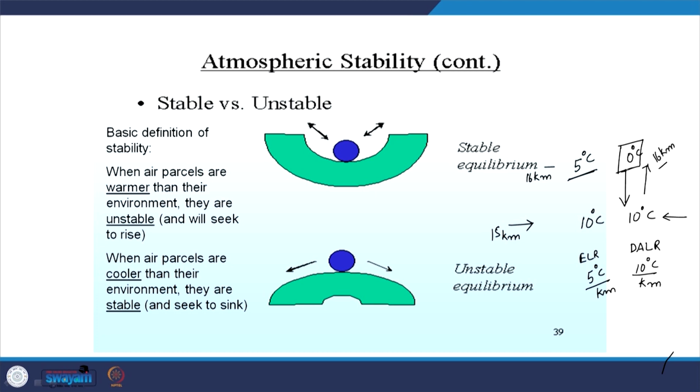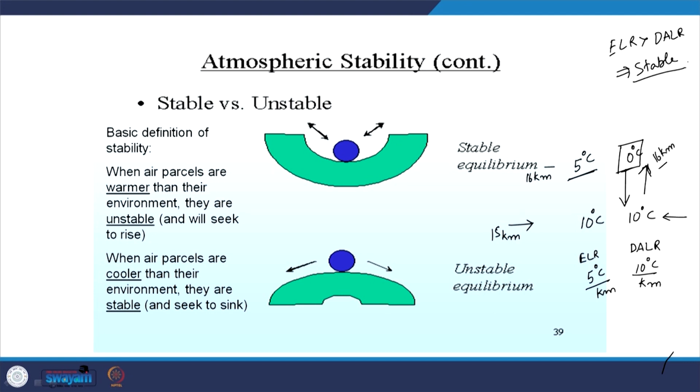So there is a small oscillation, in the sense that you displace the parcel by some amplitude, and immediately after the displacement, the air parcel tries to go back to its original position. Here, the environment lapse rate is much greater than the parcel lapse rate, so you always see a stable environment.